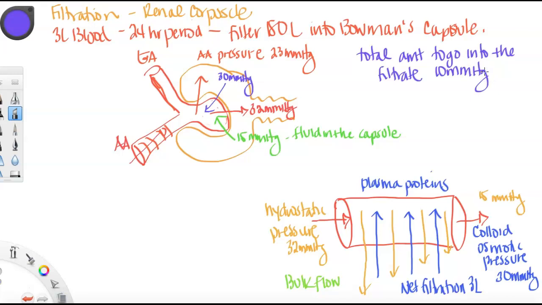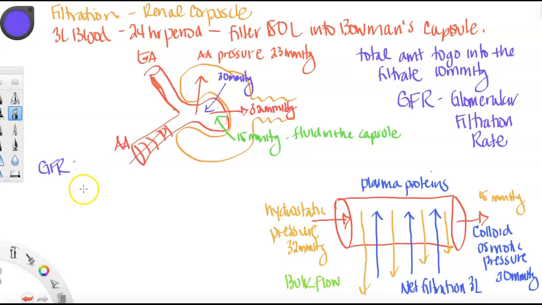That is basically the glomerular filtration rate, or GFR. GFR is important. I'll show you what that is.